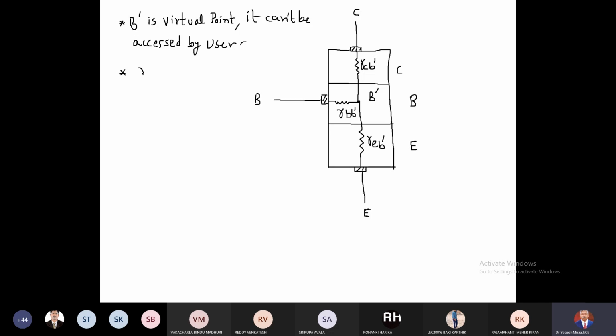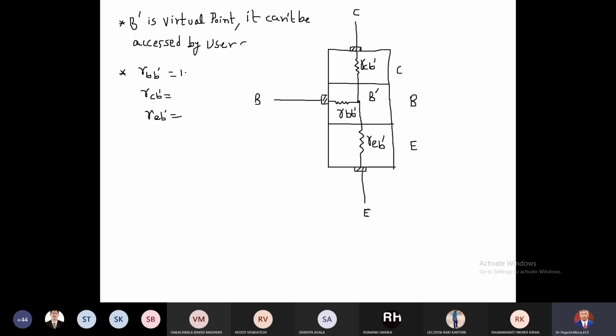And the values of R_BB', R_CB', and R_EB'. So R_BB' is having the highest value, right?